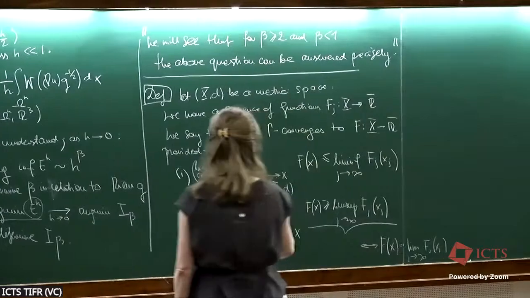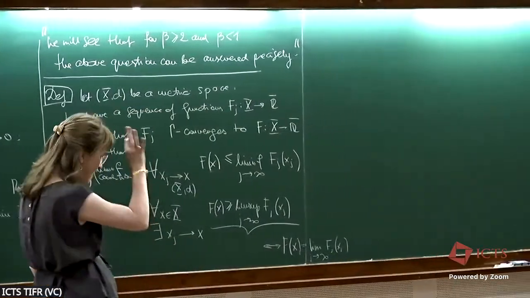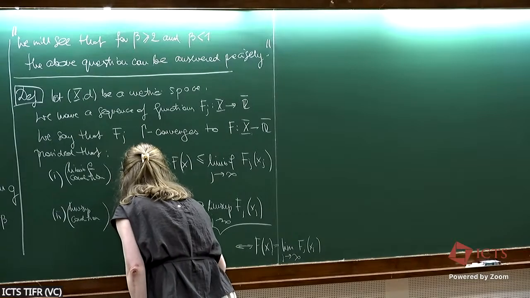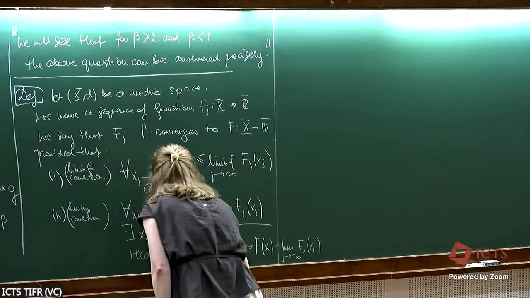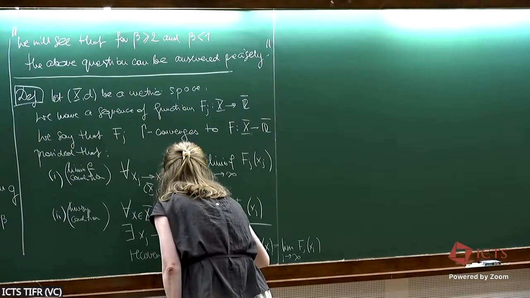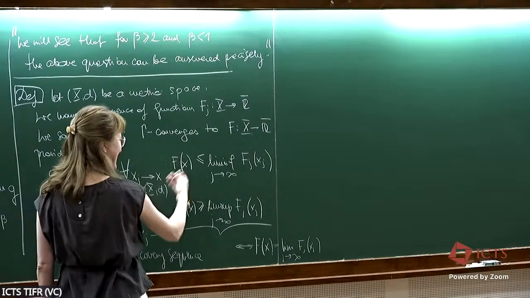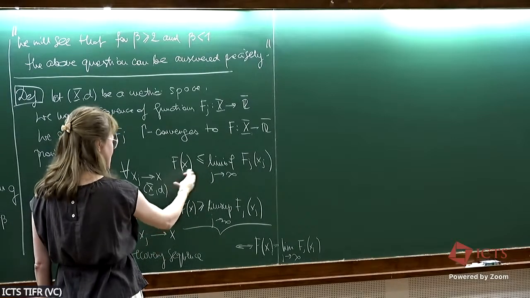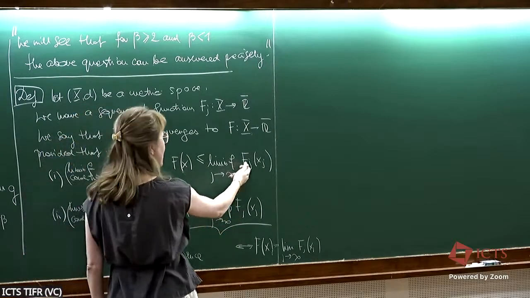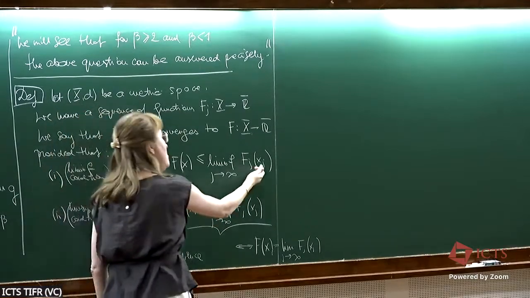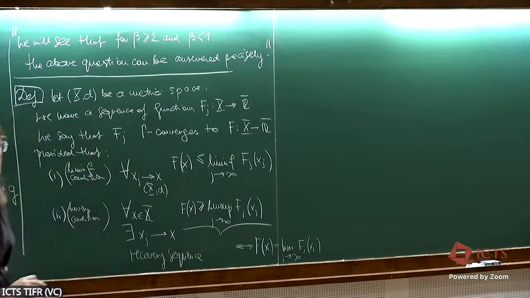This sequence, therefore, is called the recovery sequence. Recovery sequence, right? I can recover the information on F(x) via the behavior of my basic F_j sequence of energies, if you want, along that recovery sequence.